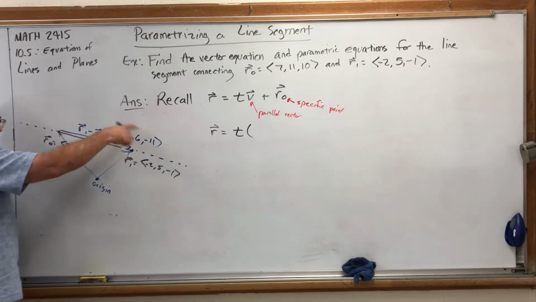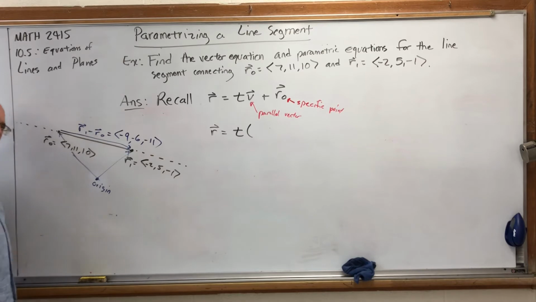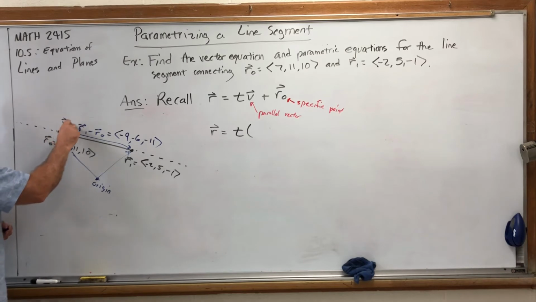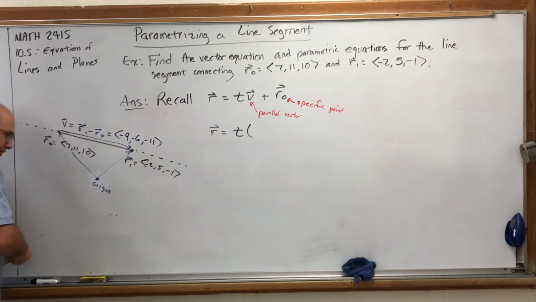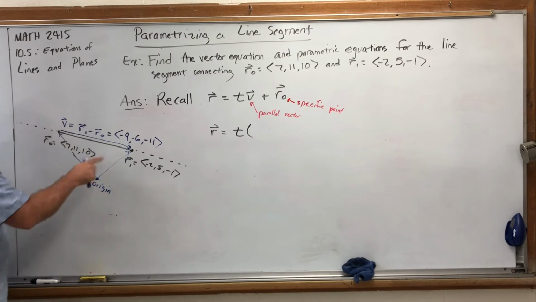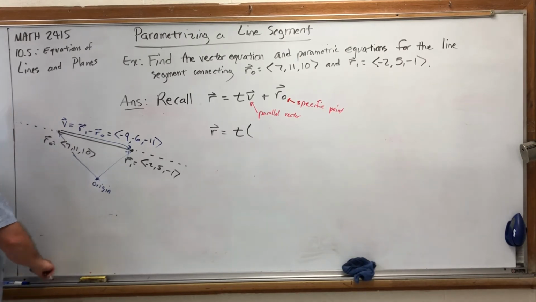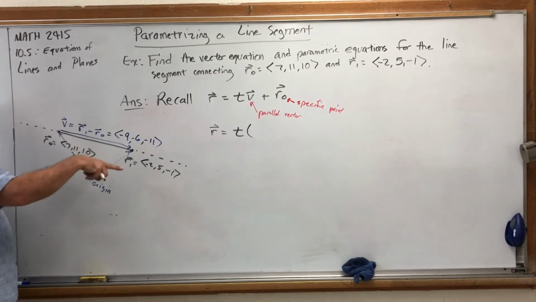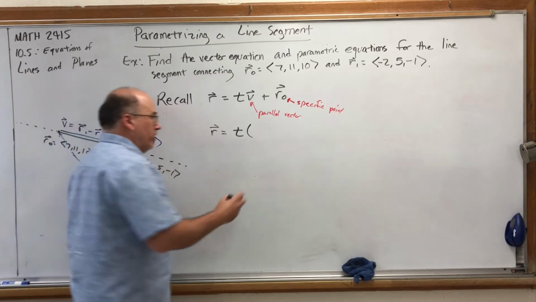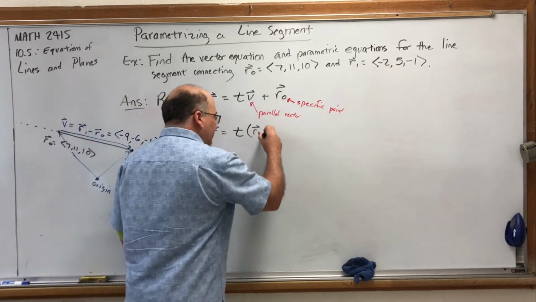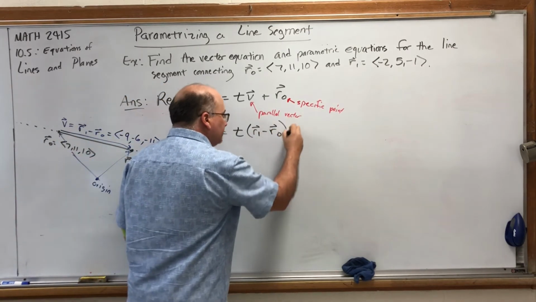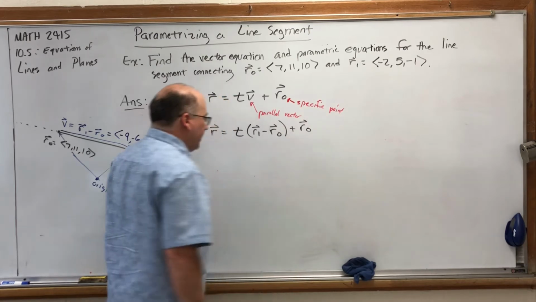I'll write this component form of the parallel vector in a moment, but recall that we're really just looking for something that tells us the direction of the line, the parallel vector, if you will. So instead of writing -9, -6, -11, let's keep it generic for a second and say that we calculated this parallel vector by taking one of the points, which we call r1, and subtracting the other. Okay?